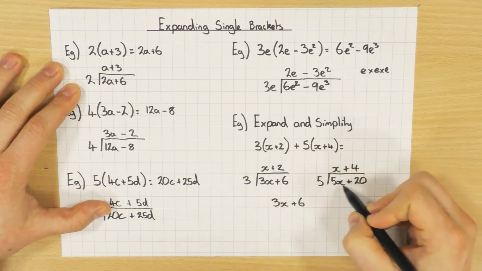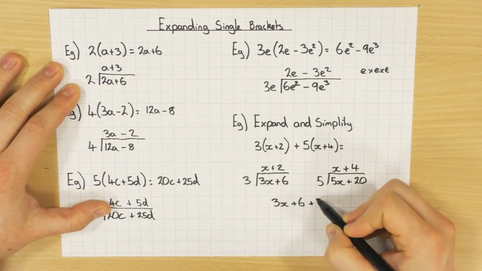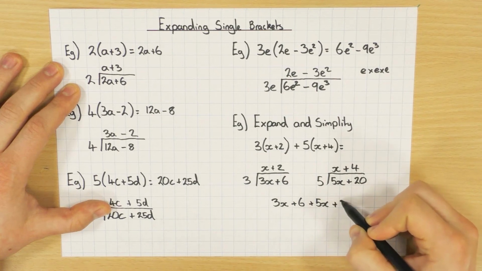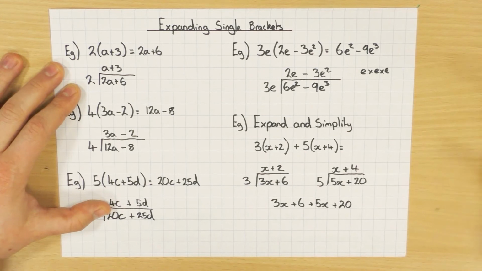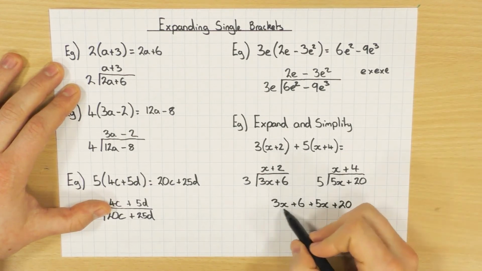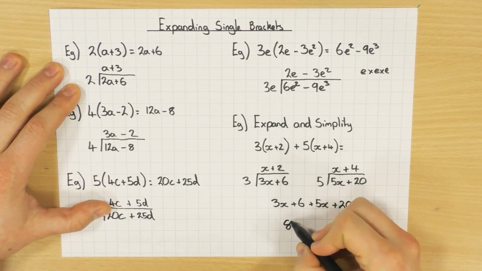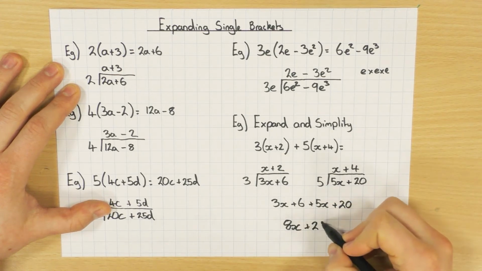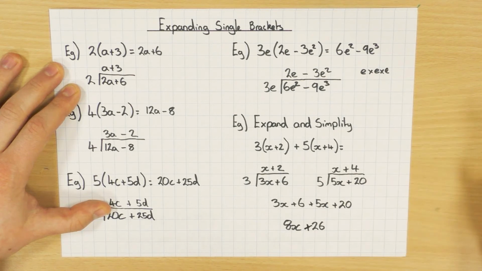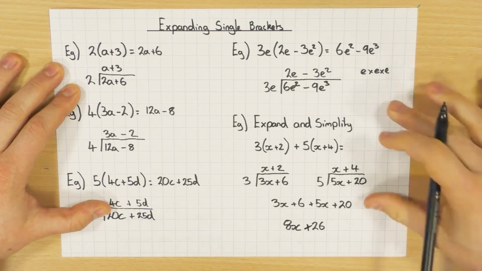There's the first one. I'm adding this, so plus 5x plus 20, and then we just simplify it, hence the expand and simplify part to the question. So 3x plus 5x is 8x, and then 6 plus 20 is 26. Okay, and there's your answer.